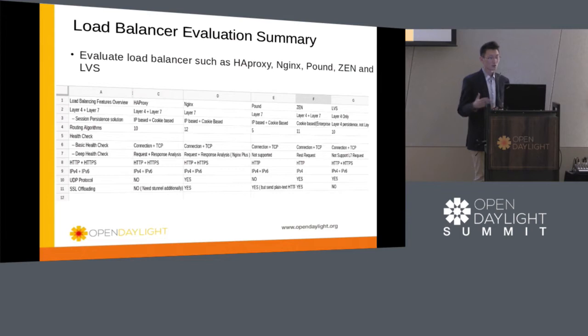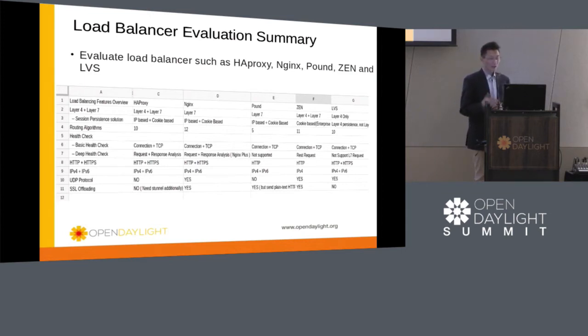In terms of the routing algorithms, it turns out Pound has only 5 algorithms supported. HAProxy, Nginx, and other load balancers have around 10 load balancing algorithms, which is good. And for Pound, for the health check, Pound does not support deep health check at all, so it's probably not a good balancer again.